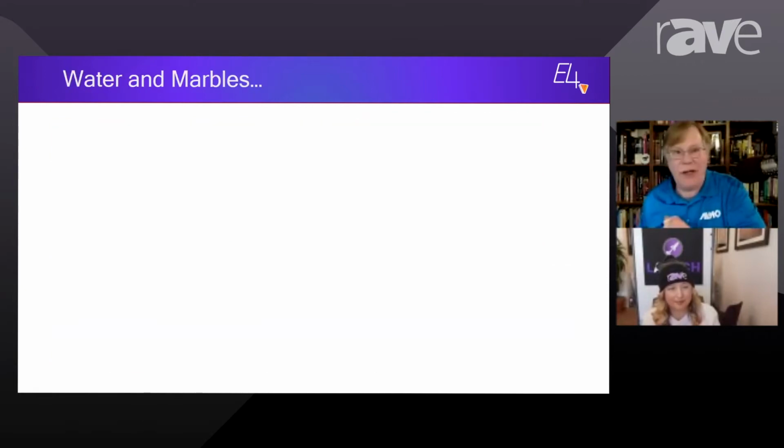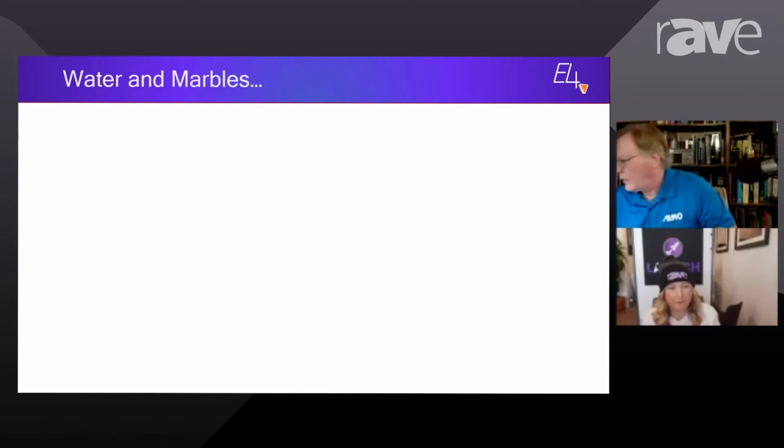All right, so let's try another way to think about this. This is an old illustration. I've got a glass of water. As I go from source to destination, this is continuous. It's a continuous flow from source to destination. This is different than with digital.